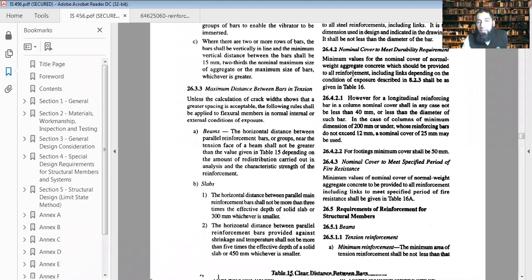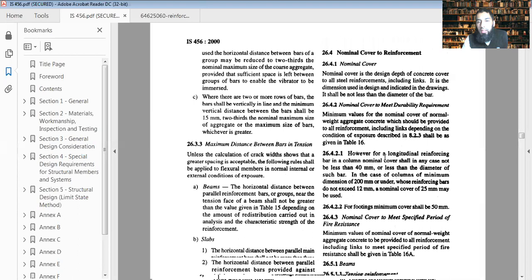One, you have the nominal cover, and for a longitudinal reinforcing bar in the column, nominal cover shall in any case not be less than 40 mm or less than the diameter of such bar. In the case of a column of minimum dimension of 200 mm or under, whose reinforcing bars do not exceed. Right now we do not have a 200 mm column, we have greater than that.